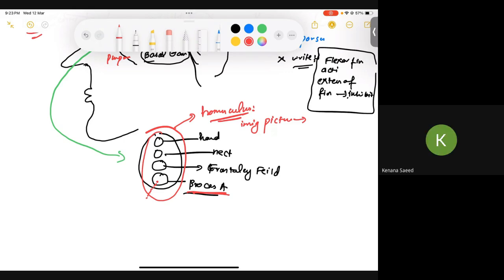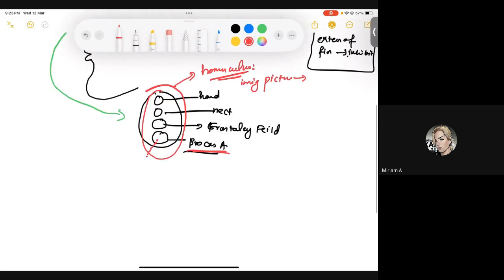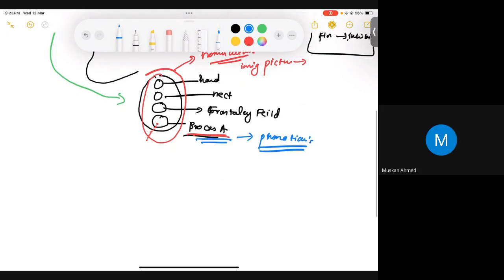So what's the significance of Broca's area? If I electrically stimulate Broca's area, it is important for phonation, right? Is that clear? In most individuals, Broca's area is present in the dominant hemisphere. Is it right or left?